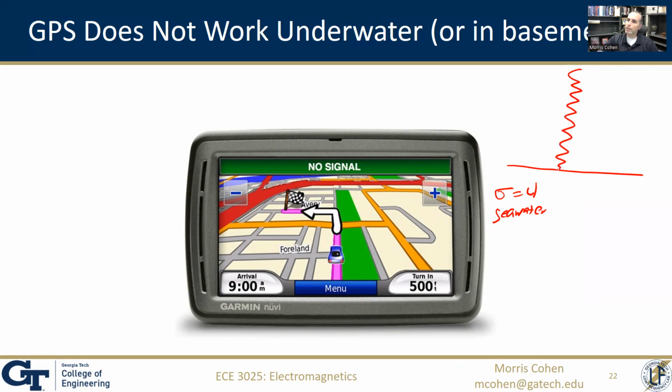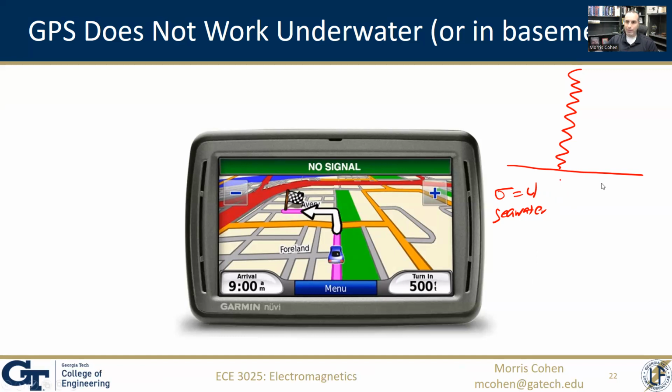And as soon as that signal reaches the seawater surface, it encounters what ends up being a very good conductor, and it very rapidly attenuates and disappears. So if you go underneath the seawater, you basically cannot detect any GPS, and you really can't communicate with anything above the surface, because, again, seawater is a good conductor, and you've got to go really high in frequency before it stops being a good conductor.